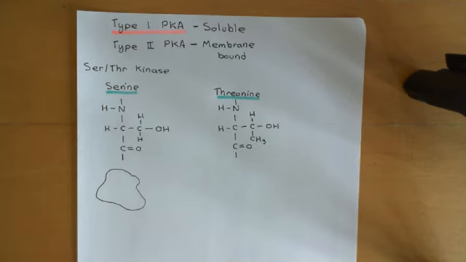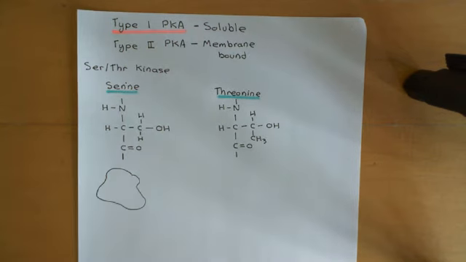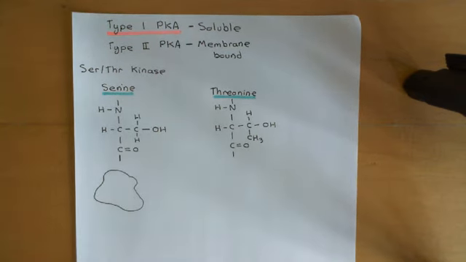Okay. In addition, not all serine threonine residues that are available to be phosphorylated on the outside of the protein actually are going to be phosphorylated. In order to be phosphorylated, they need to occur in a certain sequence of 4 amino acids, okay, which tells the catalytic subunit of protein kinase A that it is allowed to phosphorylate this serine or threonine residue.